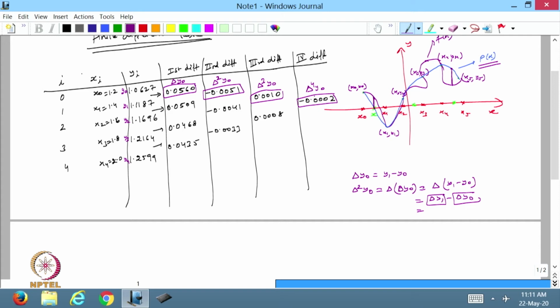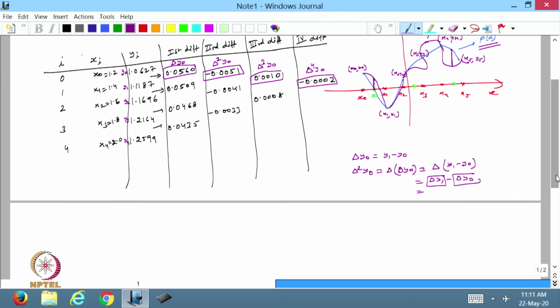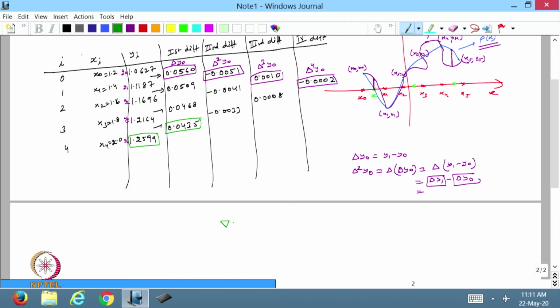Now, from here, what about these values? So, this is my y4. Now, what about this value? This value is giving me this minus this. So, I want to check what will happen. Now, I want to apply the backward operator. So, backward y4 will be y4 minus y3, because it is going just one step backward. So, I want to find this value, and this will be this minus this.